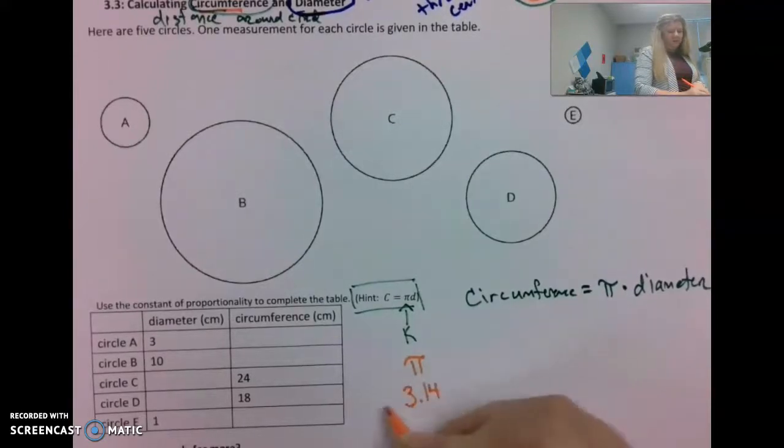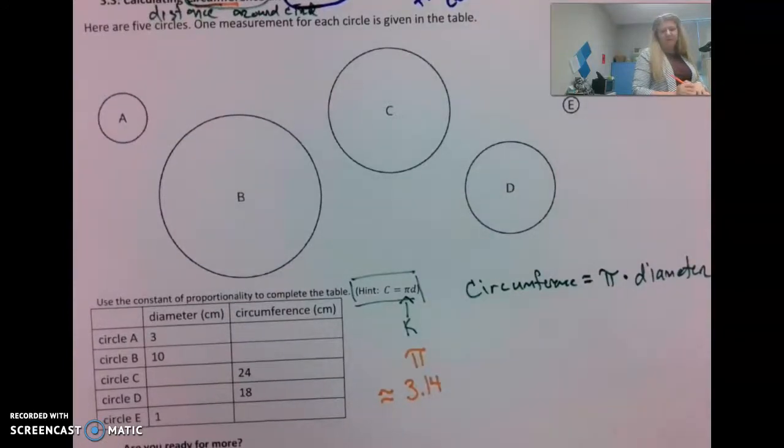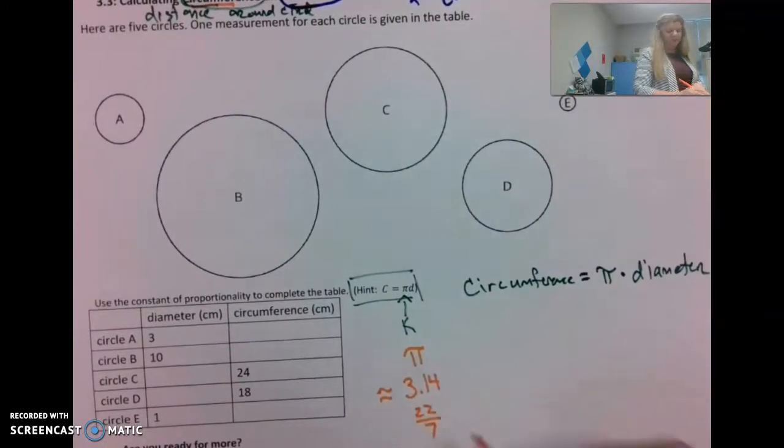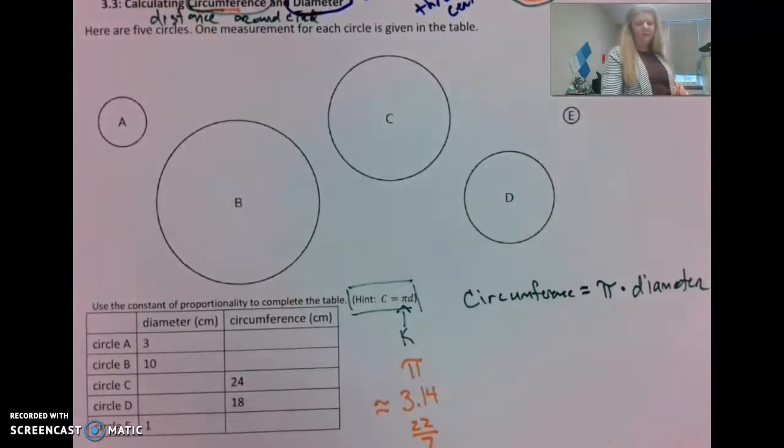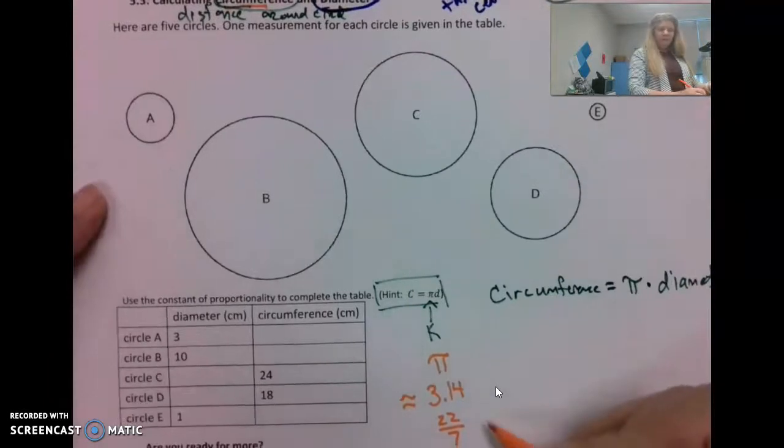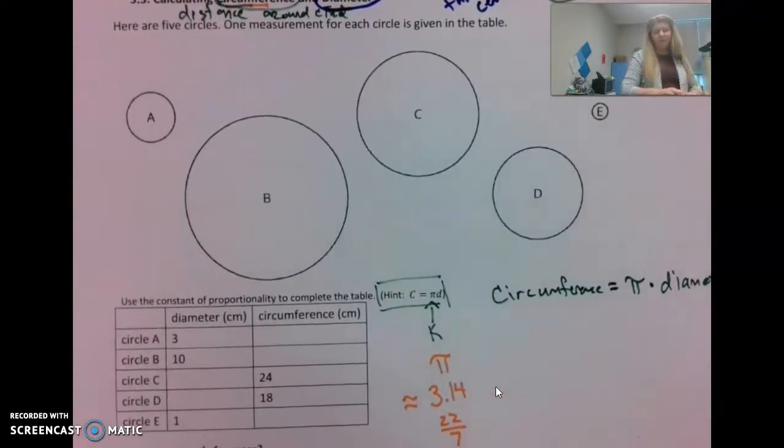A lot of times we'll use the approximation of 3.14 or 22/7. So for this case, depending on which value of pi that we use, our answers are going to be a little bit different. So let me show you why.